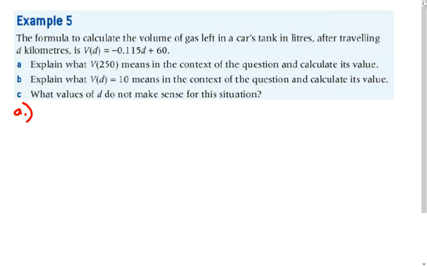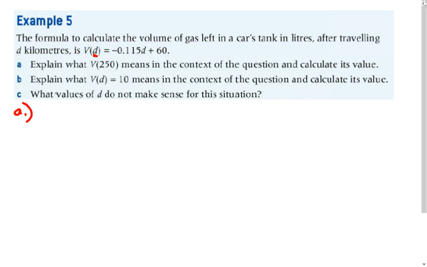So 250 is in place of d. So think about, what does 250 mean? Well, that means we've traveled 250 kilometers. We're trying to find V of 250, which means we're trying to find the volume of gas left in the tank after traveling 250 kilometers.